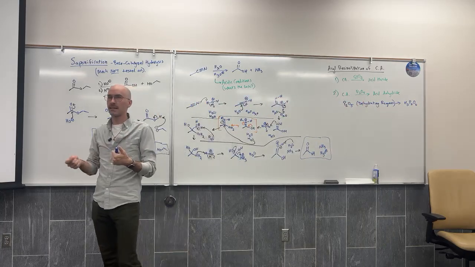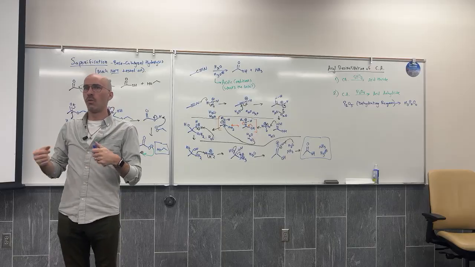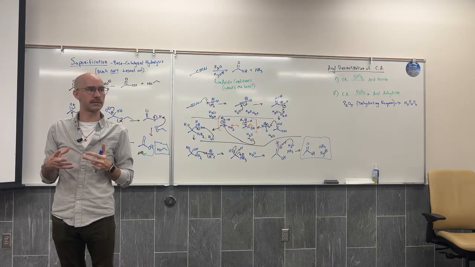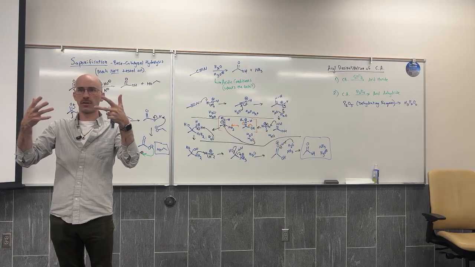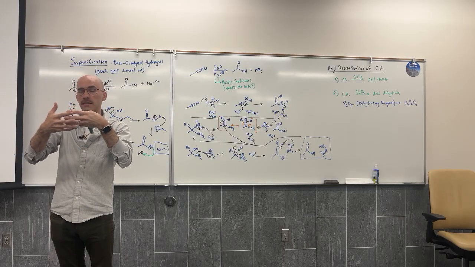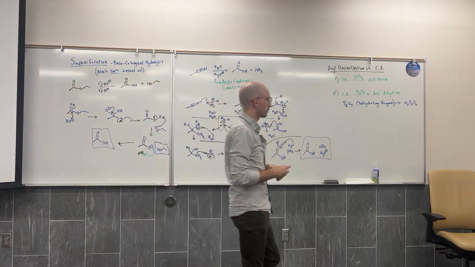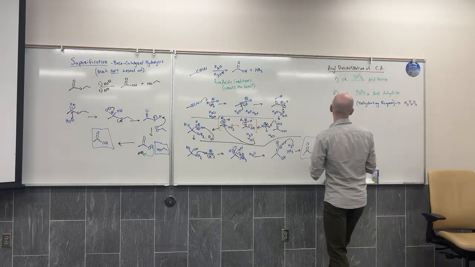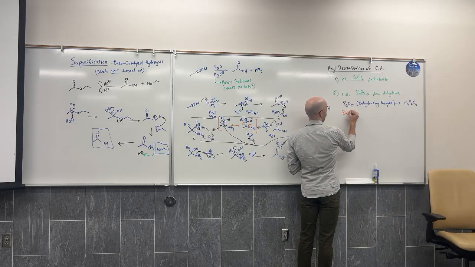It chemically extracts water out of two carboxylic acids, takes two carboxylic acids and combines them as an anhydride. And I do want to point out that this reaction works best for symmetric anhydrides.